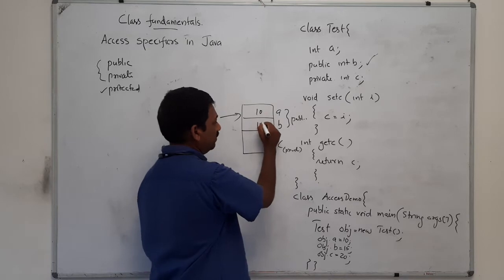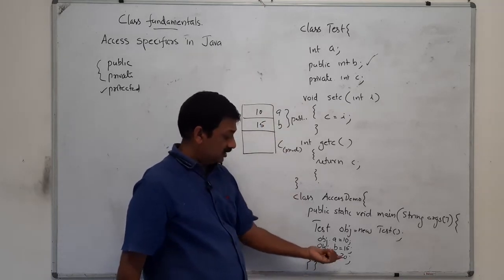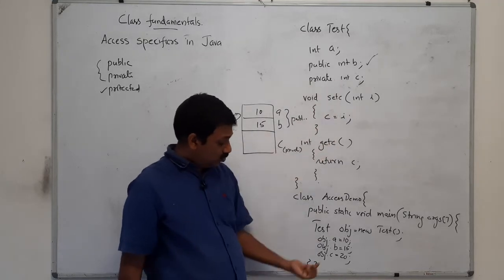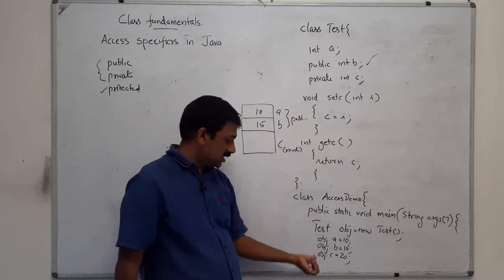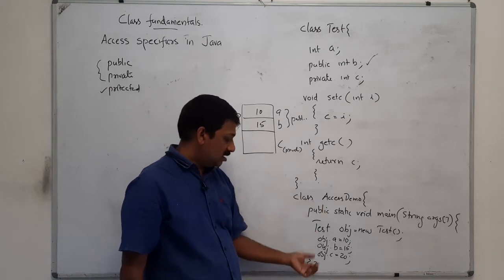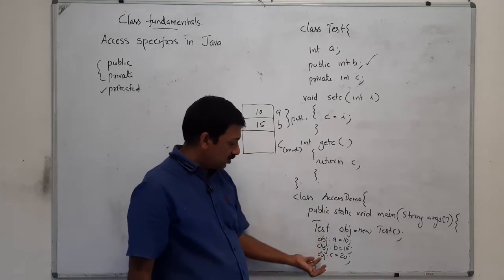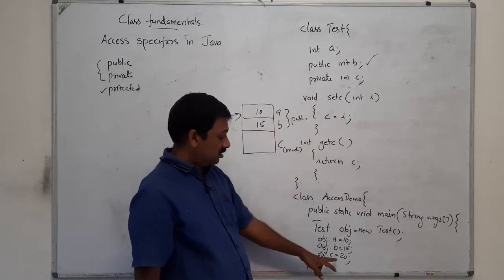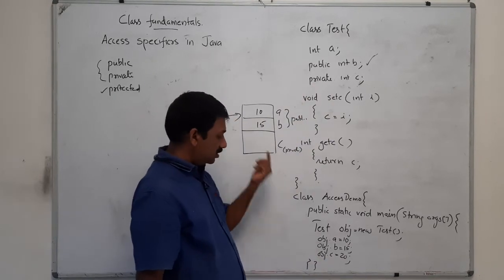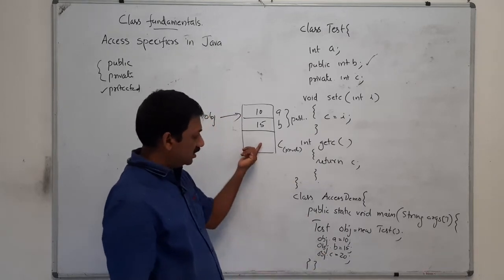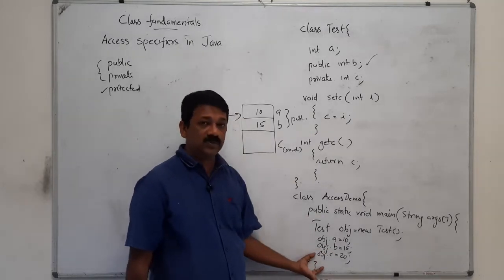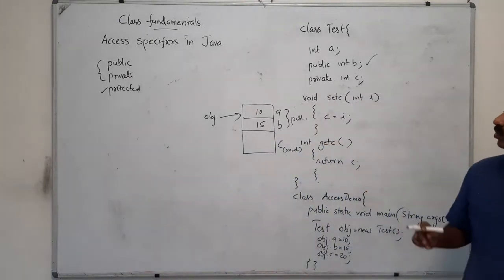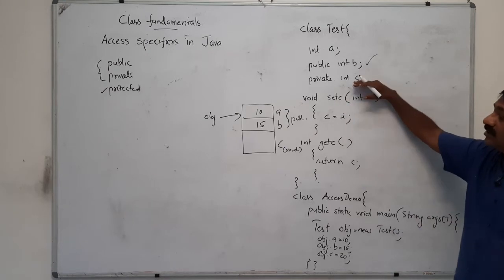That's also okay. But obj.c is equal to 20 is not allowed. As this is a private variable and this is another class, from this point you are not allowed to access c. That means you cannot assign c as 20 from this place. Only through methods you can access this variable.